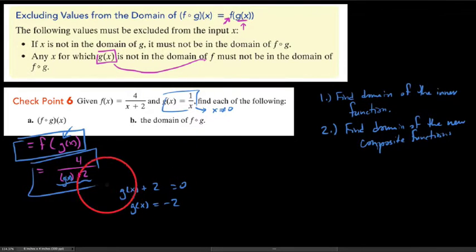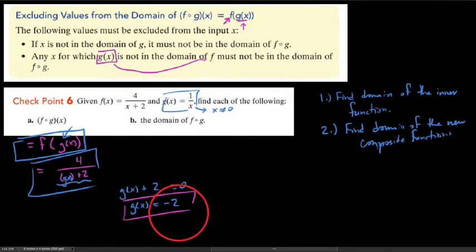So in finding the domain of this, we used the expression g of x in general, instead of actually plugging in what g of x equaled. But this was good enough for us to see that g of x should not be allowed to be equal to negative 2. Now we can substitute in the expression for g of x and solve backwards for x.